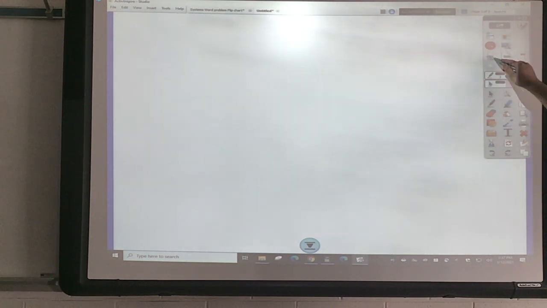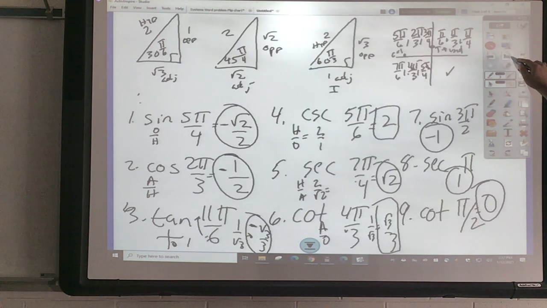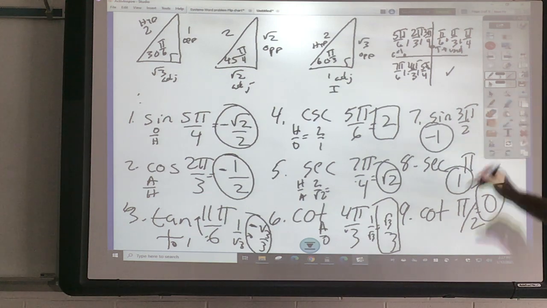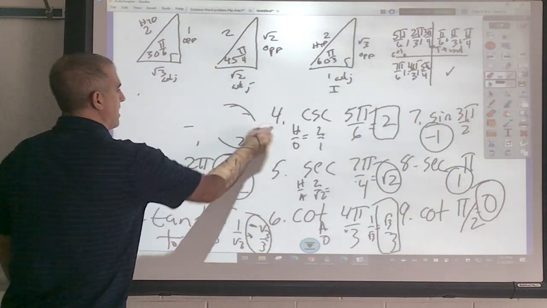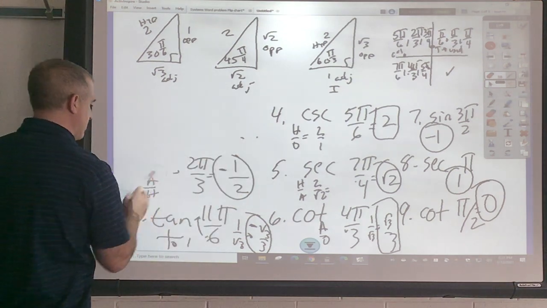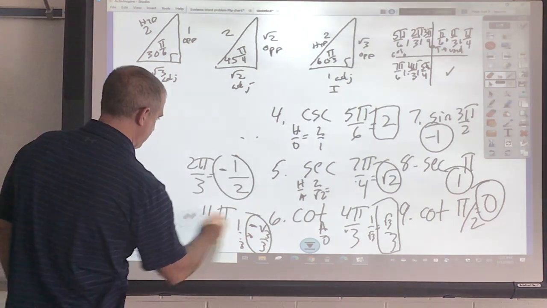Wonderful. Let's see if that's page 3. I think it is. All right, so let's go to 3. All right, let's erase some of these. I'll try not to duplicate any of them to the best of my ability. No promises.